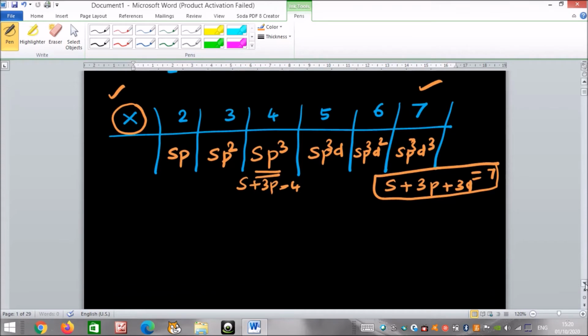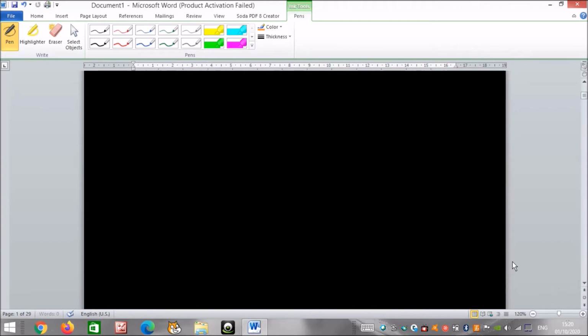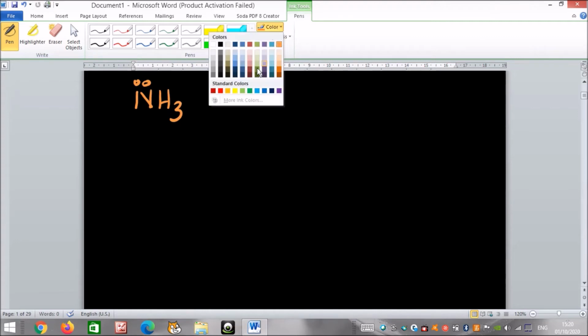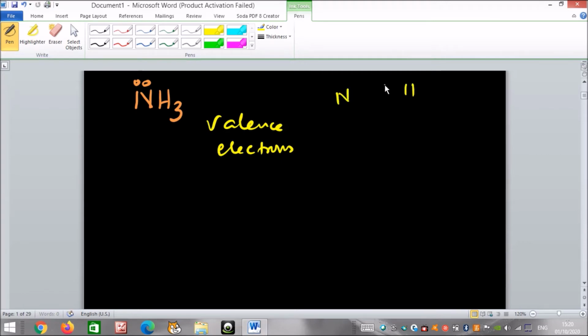Similarly, we can find the other example. See, NH3. It is ammonia. What's the type of hybridization and how do you find it? Again, you should find out the number of valence electrons both in nitrogen and hydrogen.